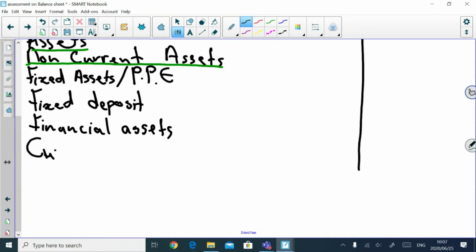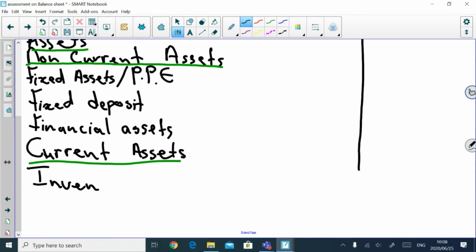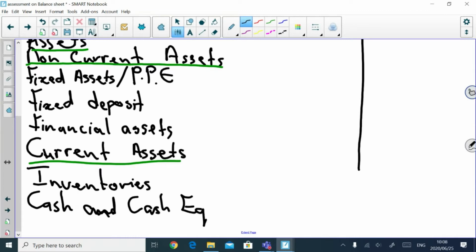That's where you get your inventories, cash and cash equivalents, and trade and other receivables.